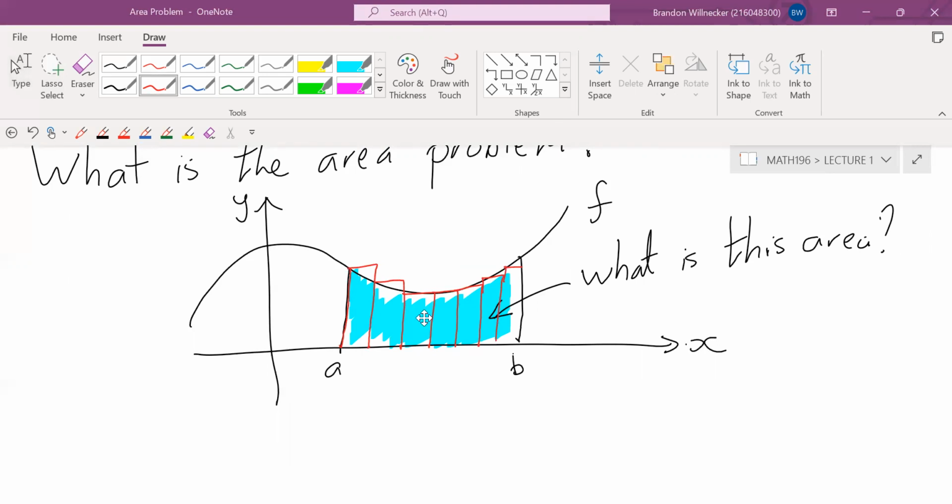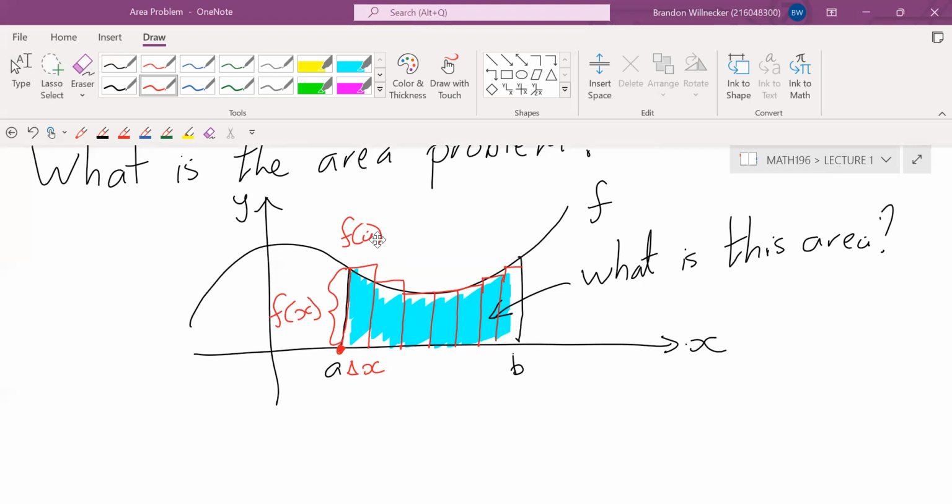So we have 1, 2, 3, 4, 5, 6, 7 rectangles here, each with a constant width going along from A to B. And the height of the rectangle is given by the function value at that point. So here at point A, we've got a rectangle with a certain width, let's call that width delta x, and a certain height, which is given by the function value at A. So this height here would be f of A. And we do the same going along there.